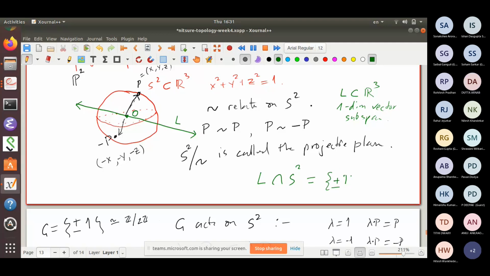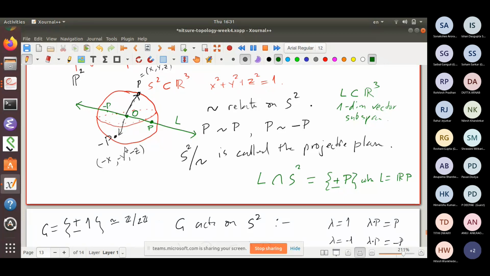Yes, sir. Here, L is equal to all multiples of P. That's all. So P is a basis for L. Minus P is another basis. It's one-dimensional, so a single vector generates it. Where it intersected the sphere was P, and where it intersected it again was minus P. These are two opposite points.